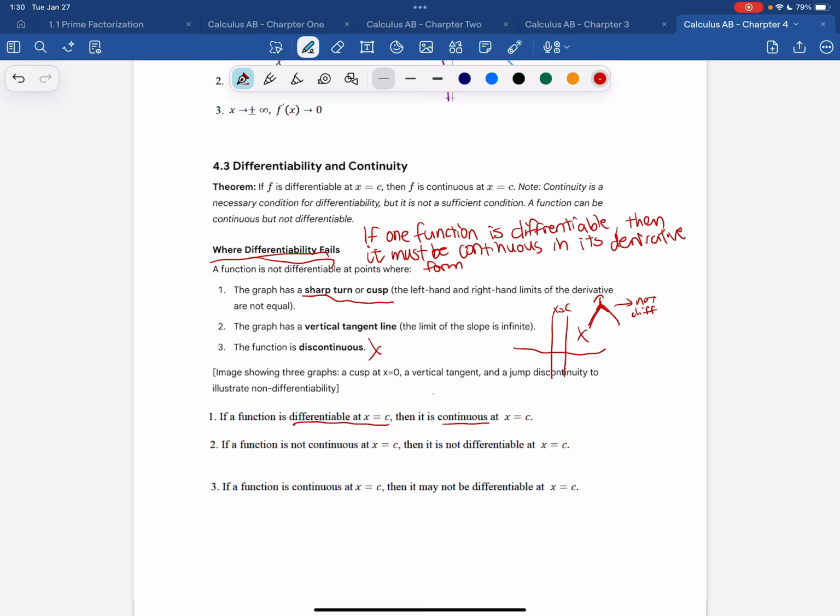The second one: if a function is not continuous at c, then it's not differentiable at c. That doesn't mean that if it's not differentiable, it's not continuous. And finally, if a function is continuous at x equals c, then it may not be differentiable at x equals c. Be careful with the "may not."